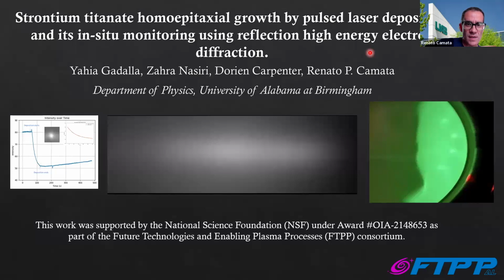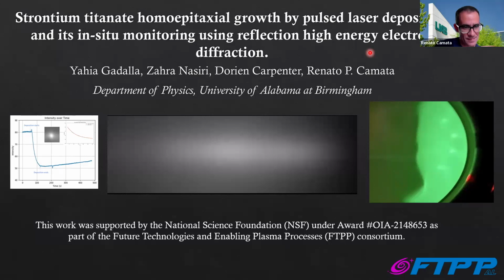It's been a great team to work with this summer. Yahia's project is entitled Strontium Titanate Homoepitaxial Growth by Post-Laser Deposition, and its in situ monitoring using reflection high-energy electron diffraction. Turn it over to you, Yahia.